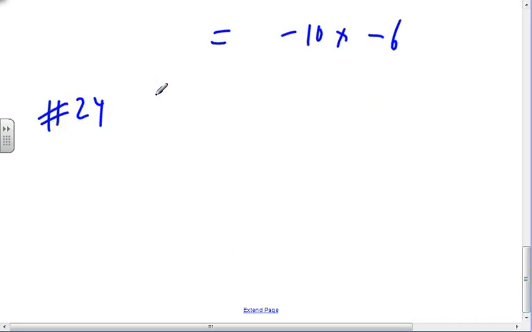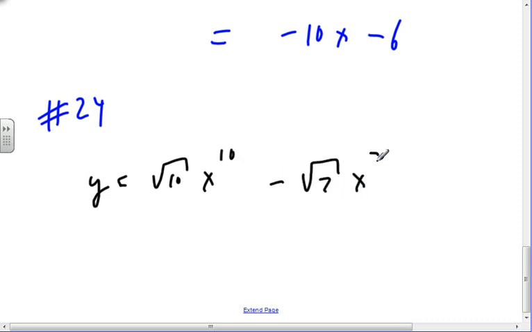Yeah, number 24. I'm not sure I can even write number 24. Y is equal to the square root of 10, x to the 10th, minus the square root of 7, x to the 7, plus the square root of 5. Is there a pattern here?